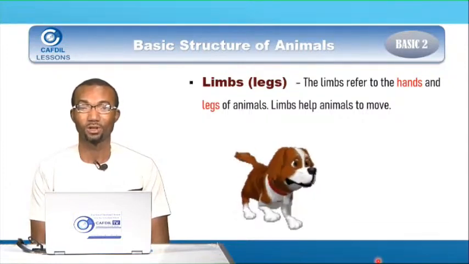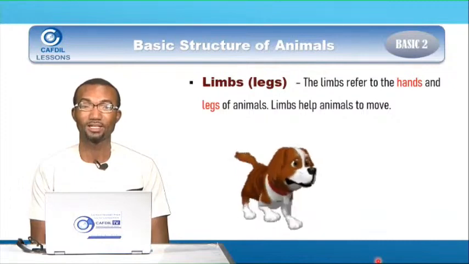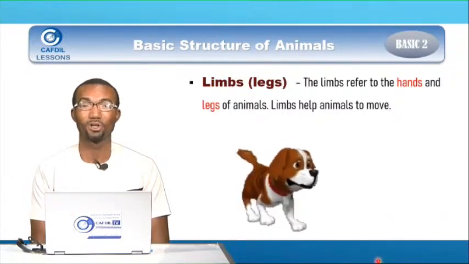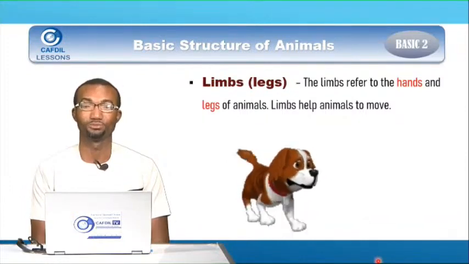So look at this dog. This dog is moving using the limbs, that is the legs. And four-legged animals, that is animals with 4 legs, have 2 in front, called the forelegs, and 2 at the back, called the hind legs, and they use them to move.